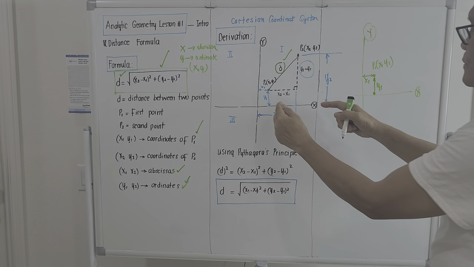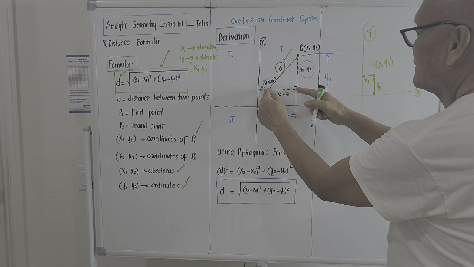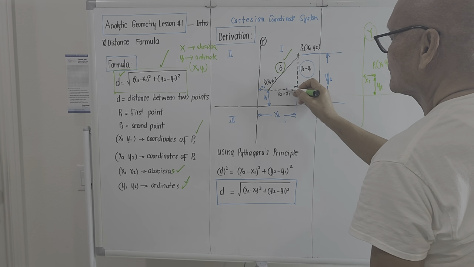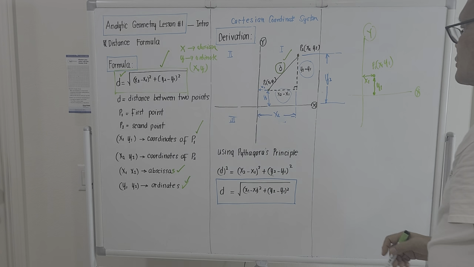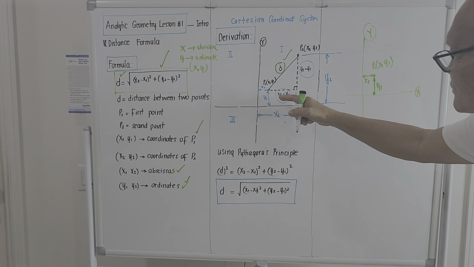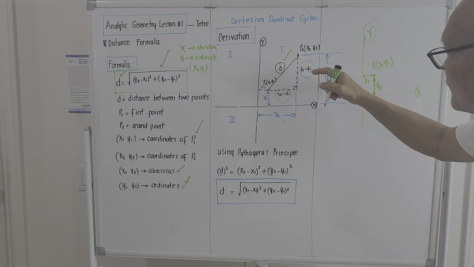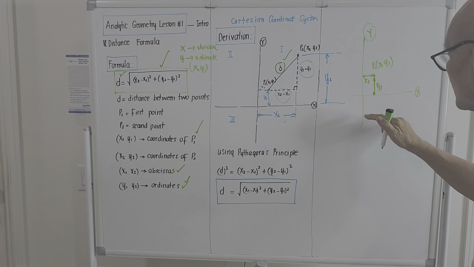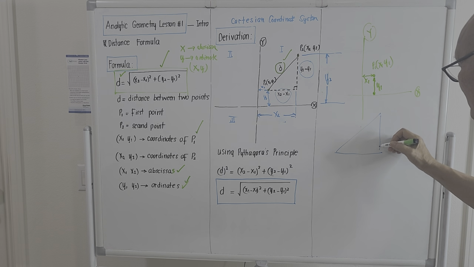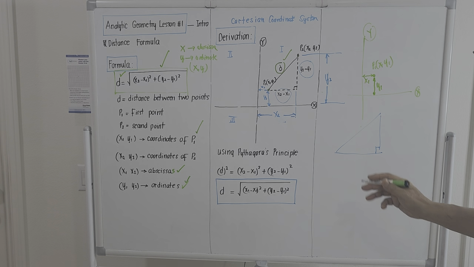And if we try to get the total length of this one, it will be x sub 2 minus x sub 1. This is x sub 2 minus x sub 1. So actually, after taking the differences of these x's and y ordinates, what will come out will be a right triangle actually. Okay, so we will be using our knowledge on the so-called right triangle topic.